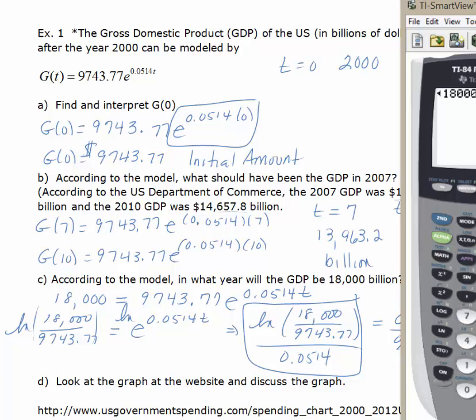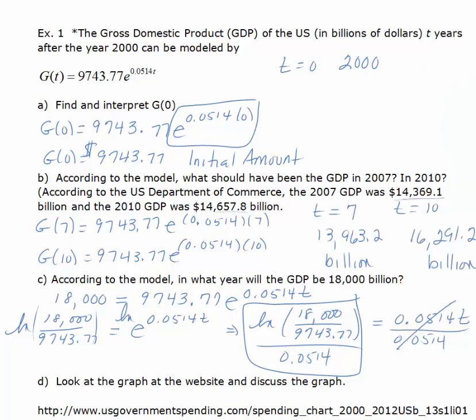Close that and divide that by 0.0514. So this is approximately 11.9 years after the year 2000. So t is approximately 12, so this would happen approximately in the year 2012, according to the model.